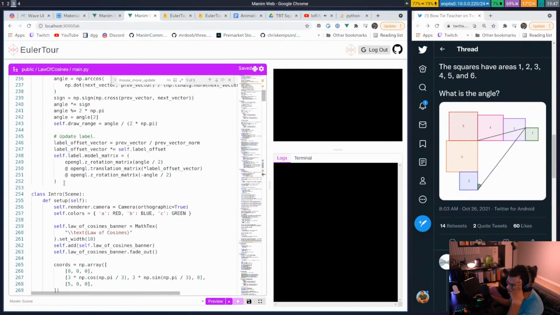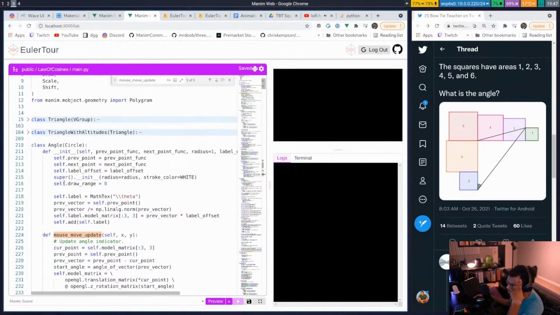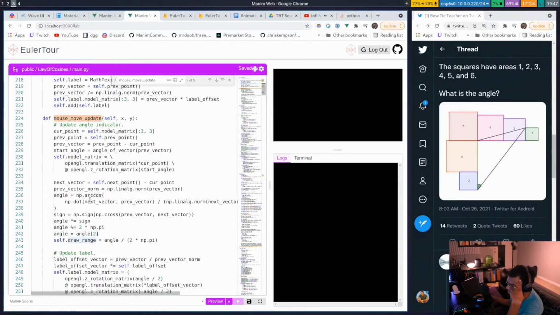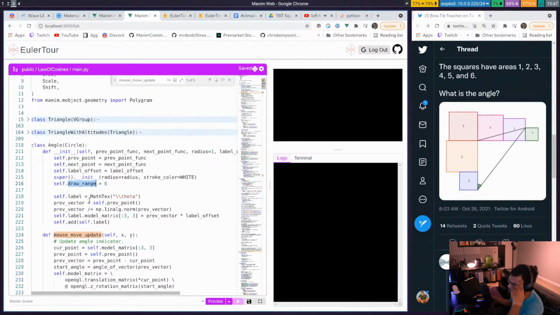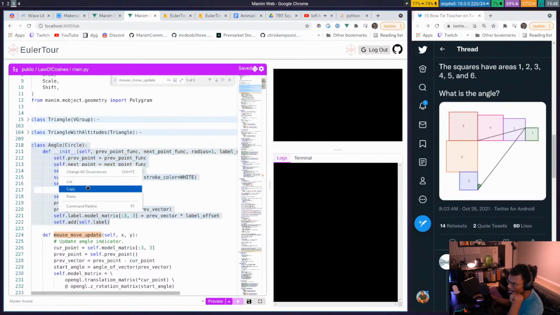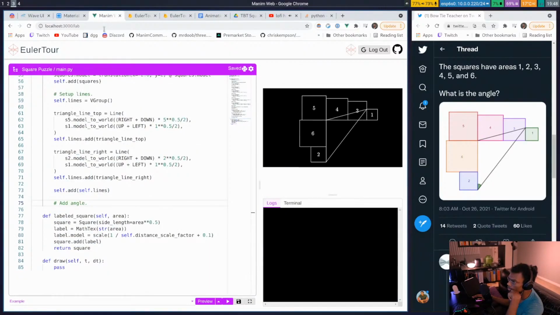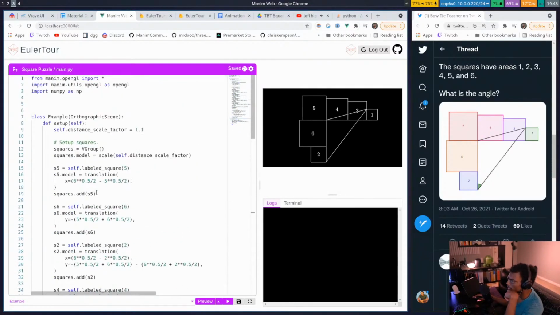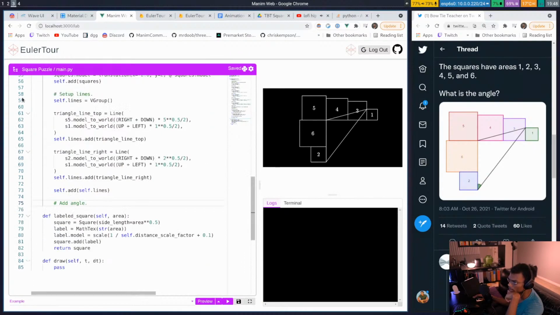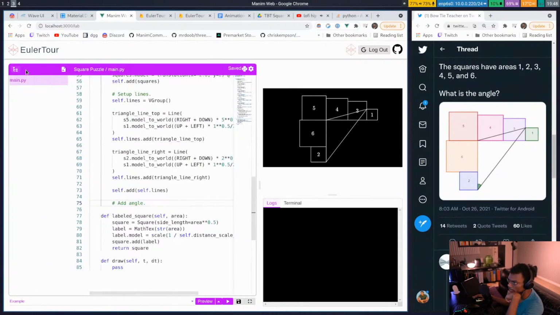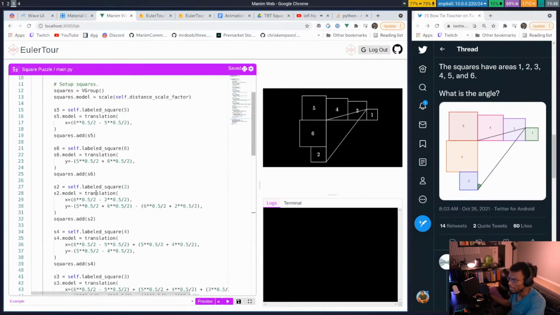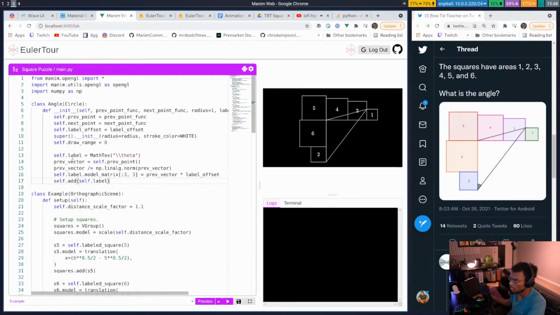X and Y. Okay, but it does this with a draw range. I feel like it should just be update. But I'll take this as a starting point. I should try to put this in its own file. I won't try to do it right now though. For now, I'll just put that here.